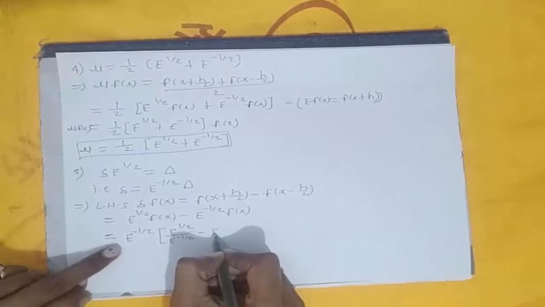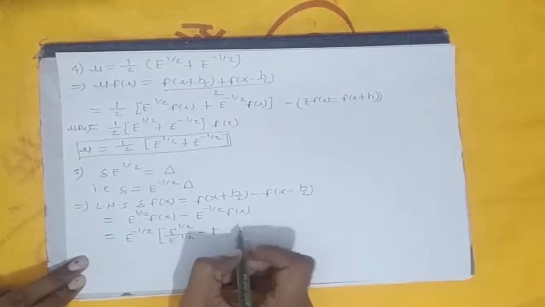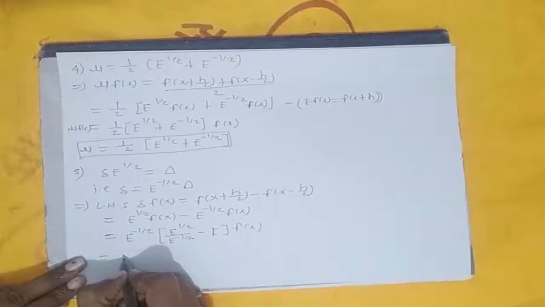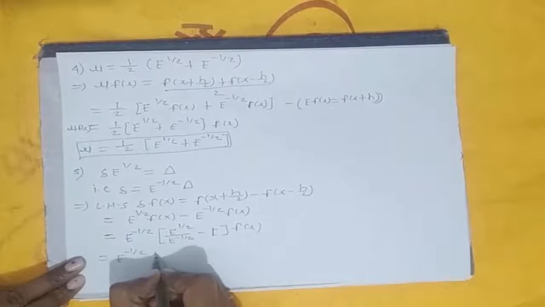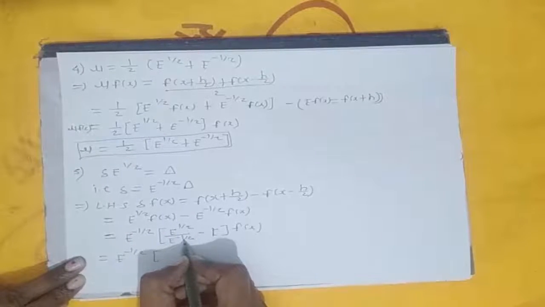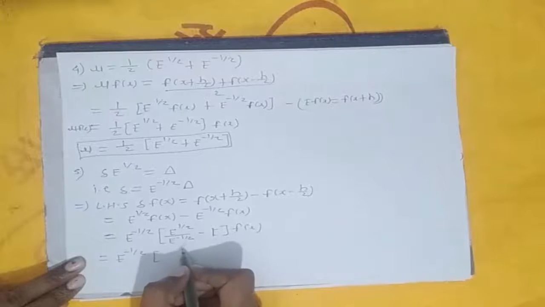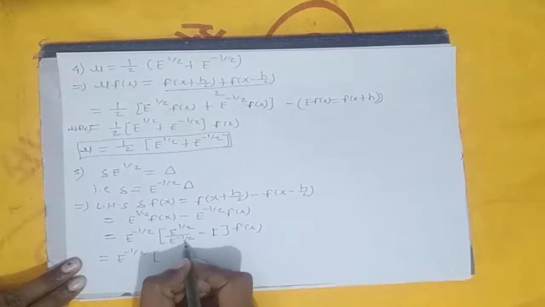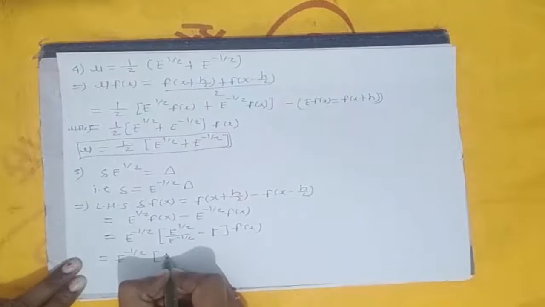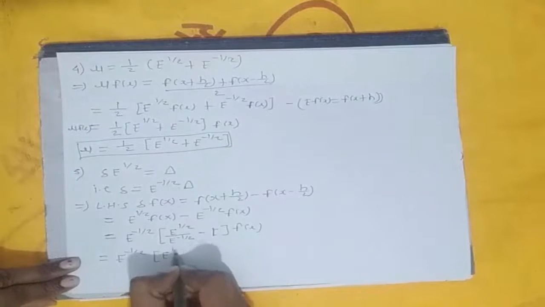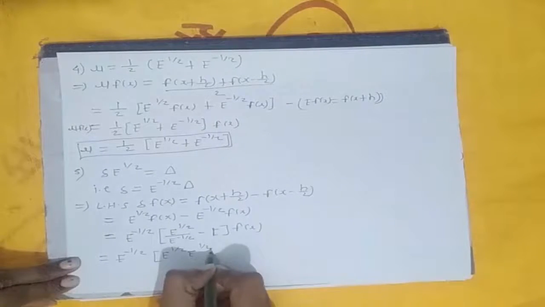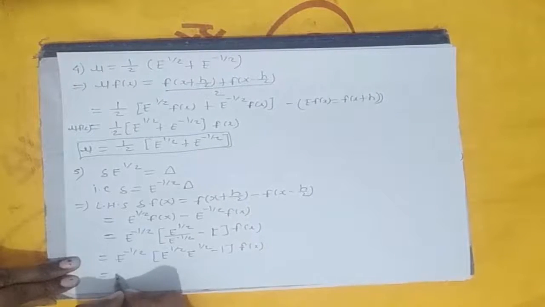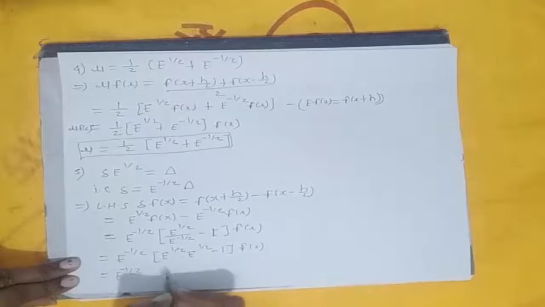Minus, here e raised to minus 1 by 2 we take outside, so only 1 remains, and f of x we can take outside. We get e raised to minus 1 by 2. Then since operators satisfy the laws of indices, we can add the 1 by 2 and 1 by 2, and we get in bracket e raised to 1 by 2 into e raised to 1 by 2 minus 1, that is, minus 1 becomes plus 1 minus 1, into f of x is equal to e raised to minus 1 by 2.